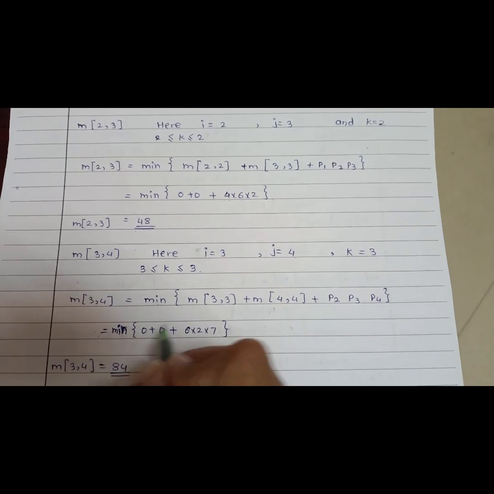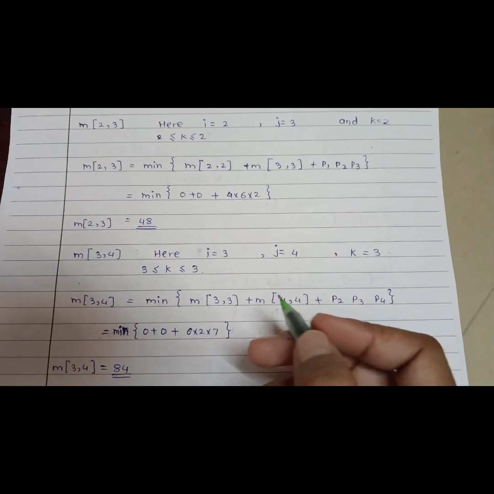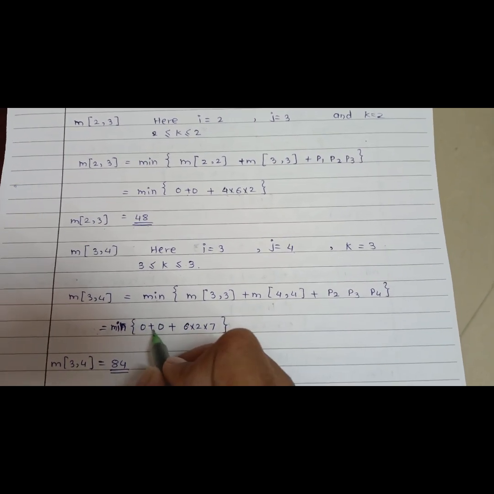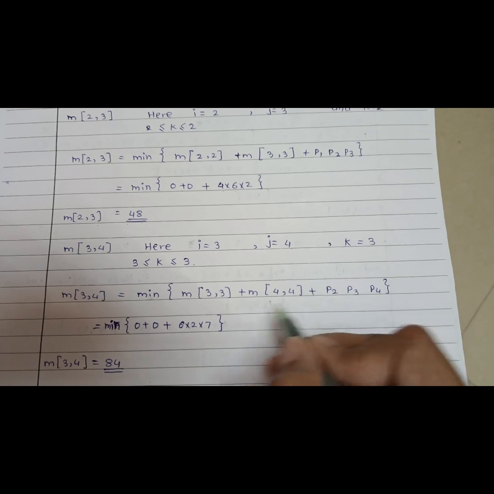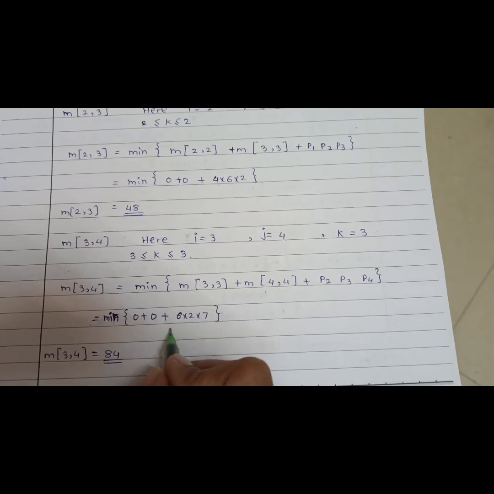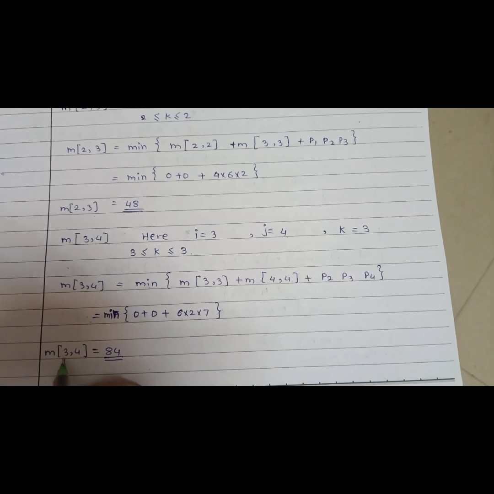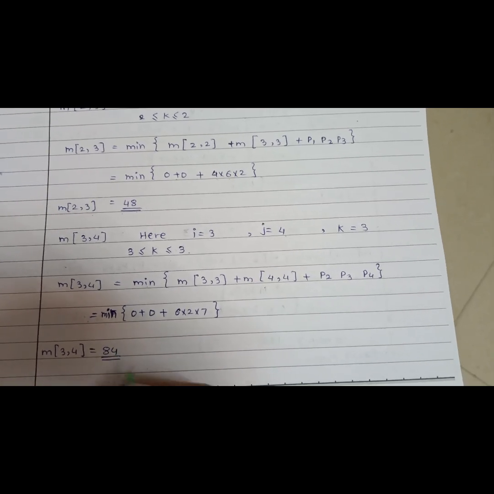Here m of 3 comma 3 and m of 4 comma 4 are 0. So 0 plus 0 plus, here p2 is 6, p3 is 2, p4 is 7. Calculating this, we get m of 3 comma 4 equal to 84.